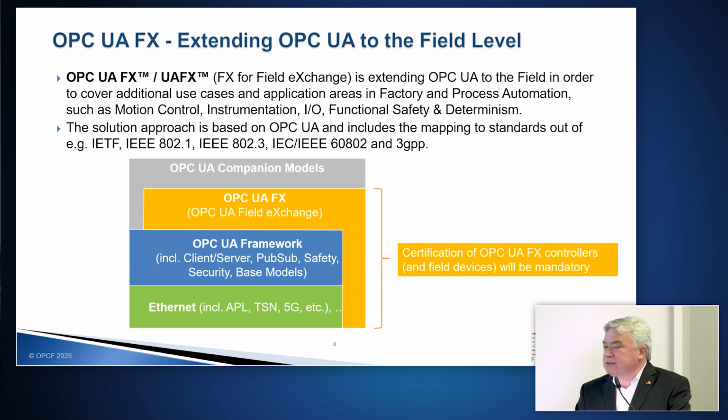And the base models, on top of which we create our own models for the different controllers and devices. So what we are adding is the orange part. This is, as I said, information models and behaviors for the different devices and controllers. Certainly how to configure the system.